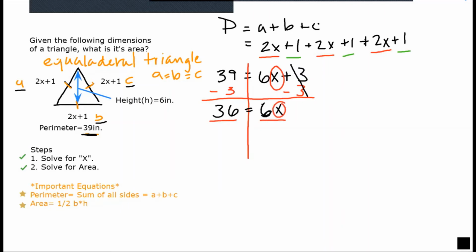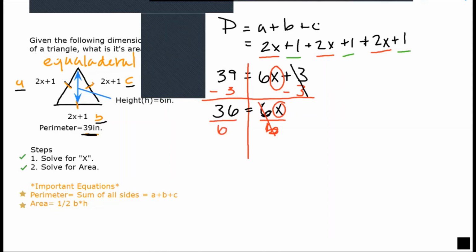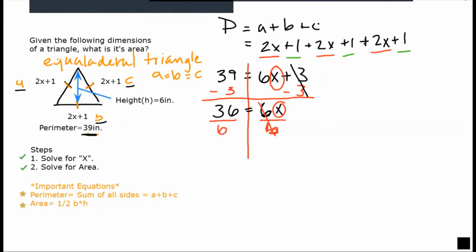We're going to divide both sides by 6, because 6 is being multiplied by the x, and the opposite of multiplication is division. That's why we're dividing by 6. Now 36 divided by 6 is 6. So 6 is equal to x.